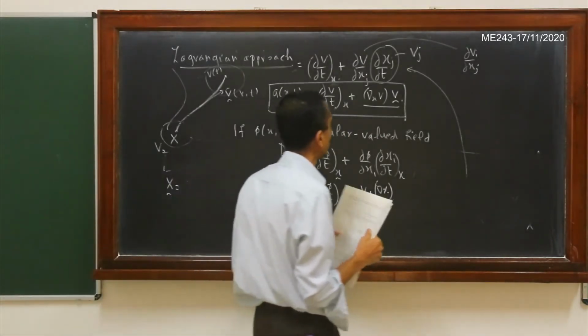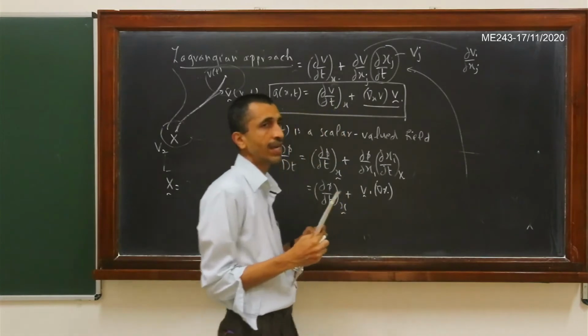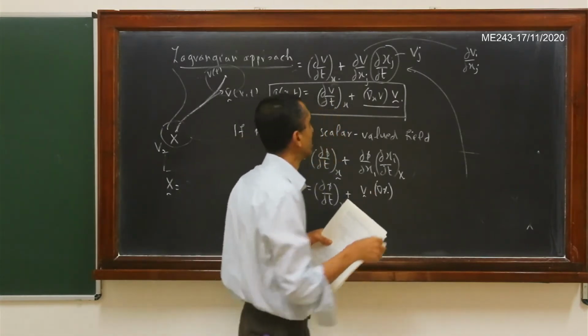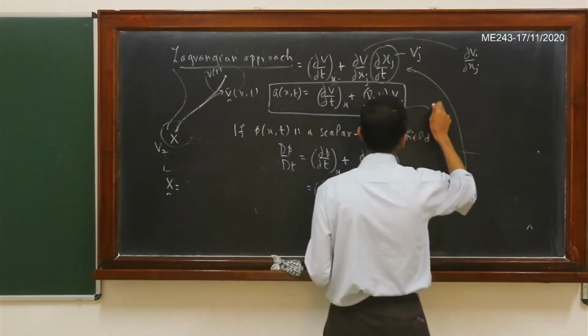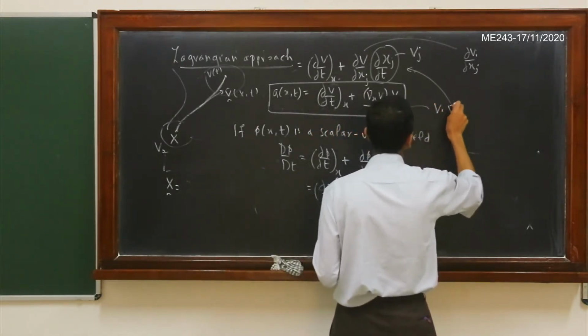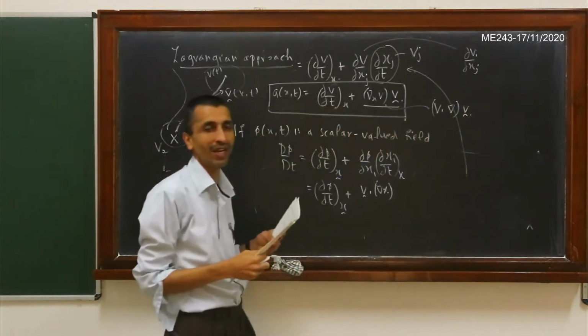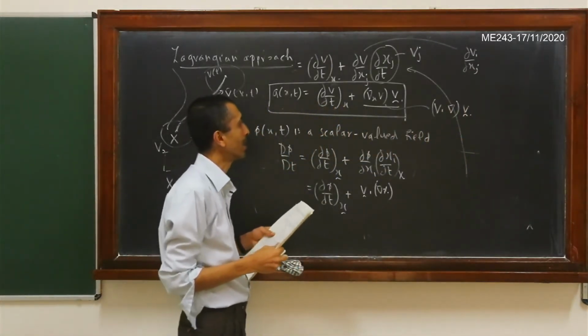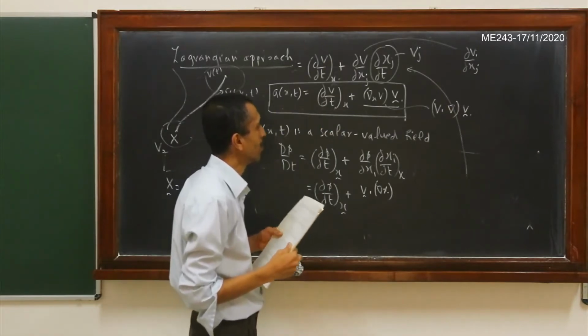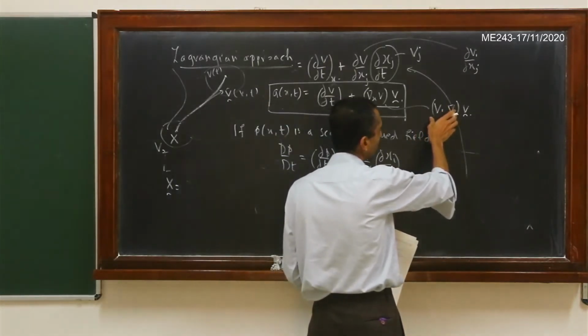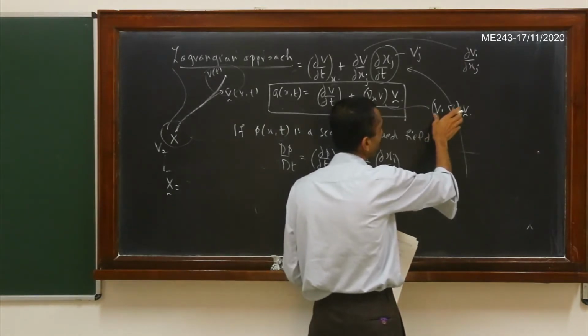One thing to note is that many times, especially in books on fluid mechanics, they will write this term as v dot del v. This is a very weird way of writing it. You have to think of it as an operator, the v dot del operator acting on v.